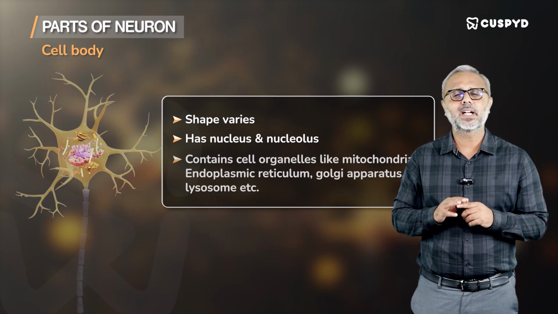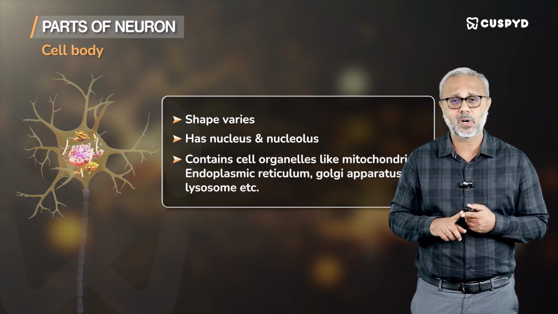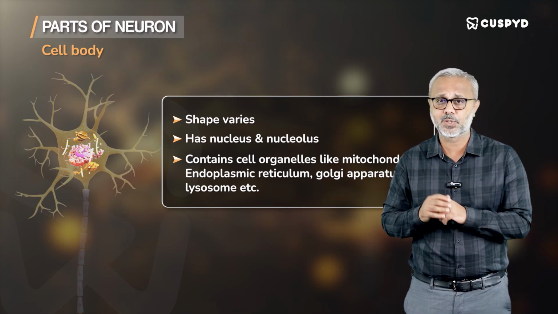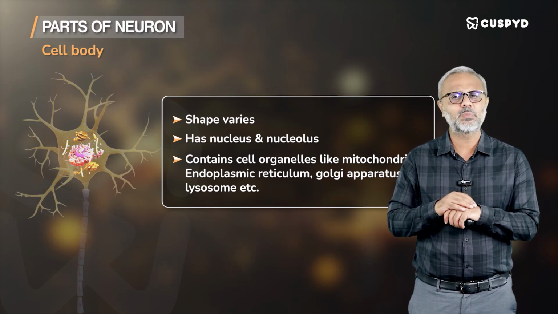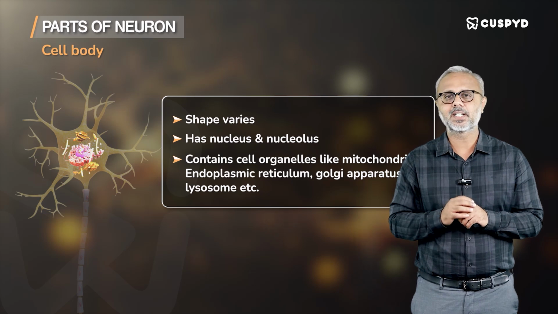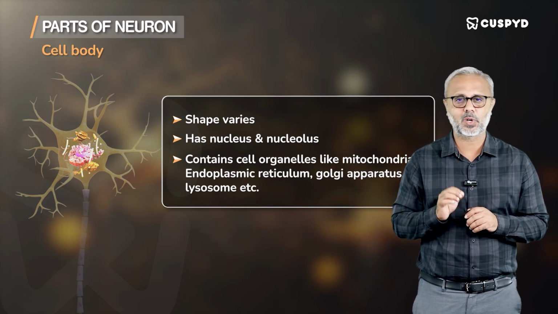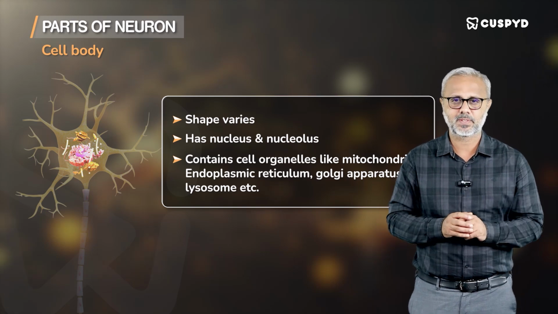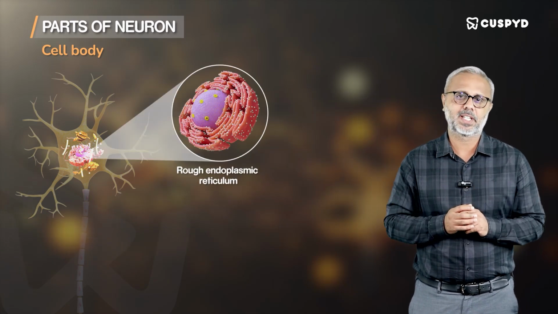Apart from this, it contains cell organelles like mitochondria, endoplasmic reticulum studded with a good number of ribosomes, Golgi apparatus, lysosomes, everything. One of the important components of the cell body of a neuron is its endoplasmic reticulum with the ribosomes. In simple terms, the rough endoplasmic reticulum.